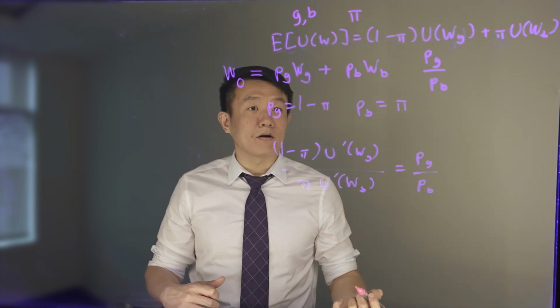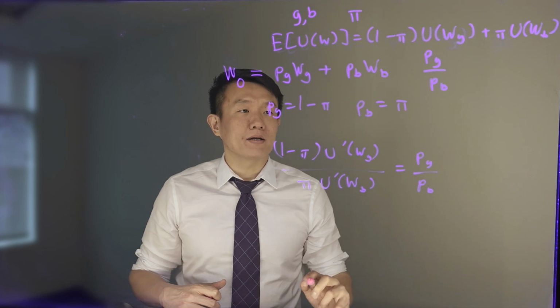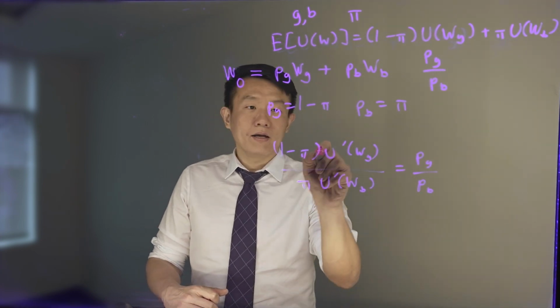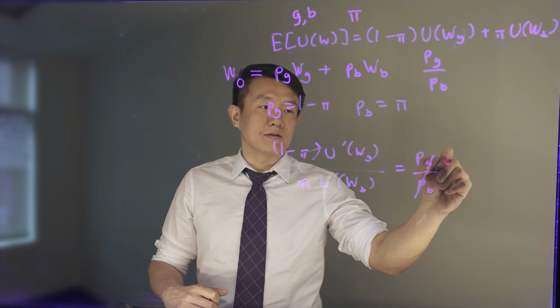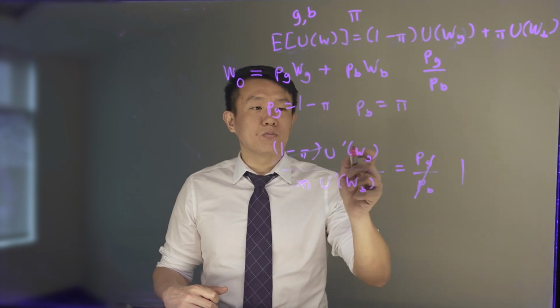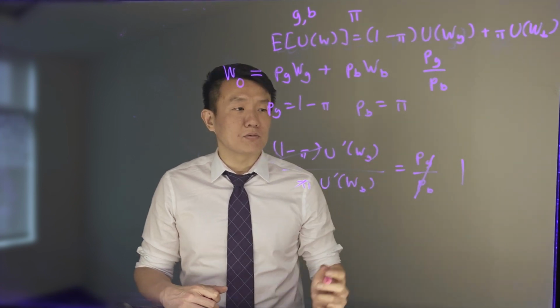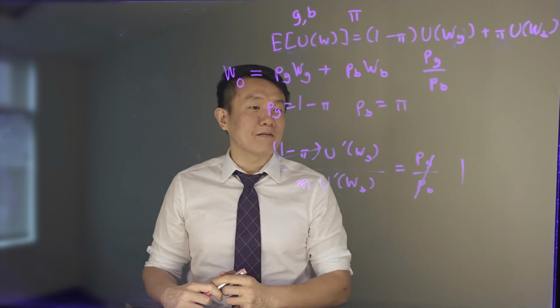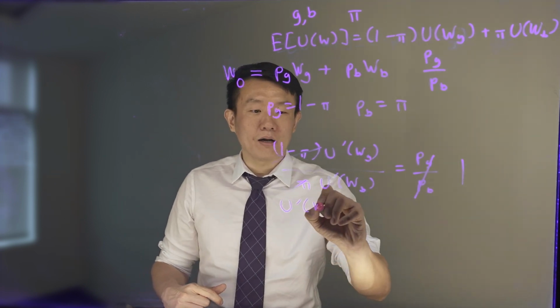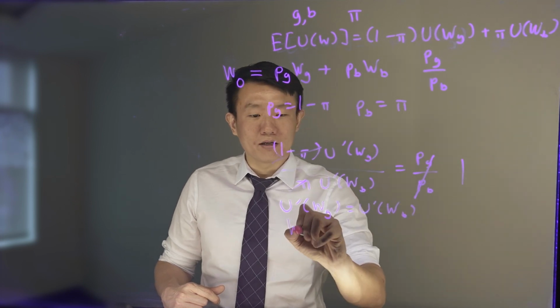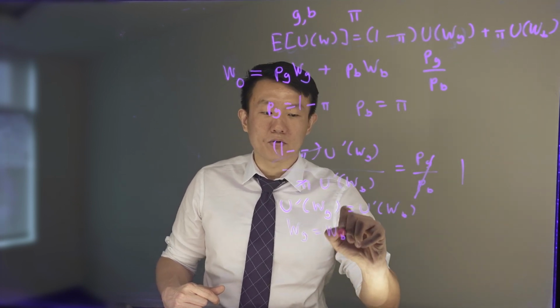And if the prices are fair, so P_G is 1 − π, P_B is equal to π, then these will cancel out, which says that the ratio of marginal utilities U'(W_G) over U'(W_B) is equal to 1. And if U is a concave function, I have U'(W_G) equals U'(W_B), which means that W_G equals W_B.